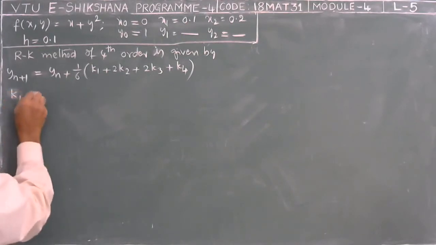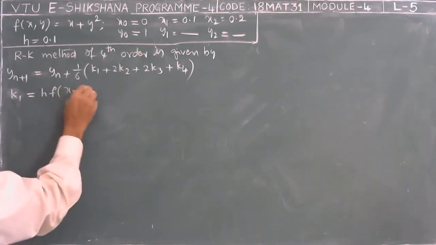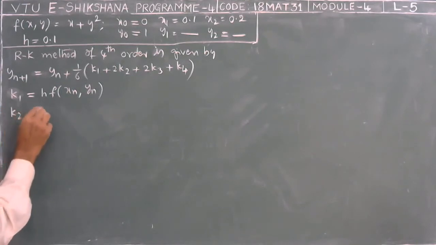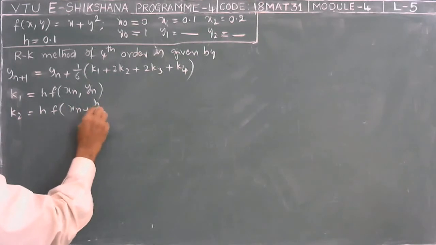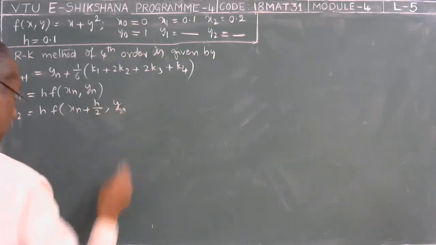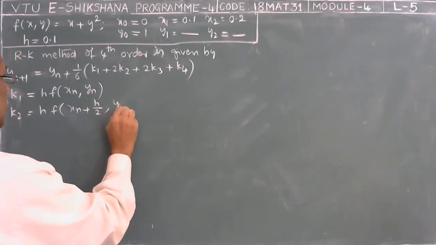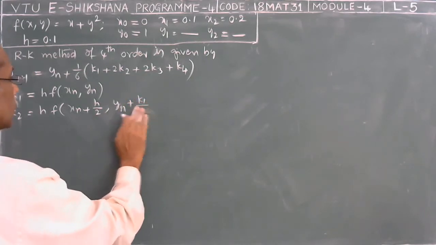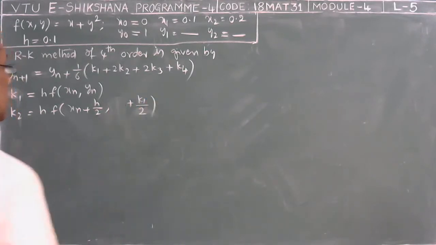k1 is equal to h into f of x n comma y n, k2 is h into f of x n plus h by 2 comma y n plus k1 by 2.